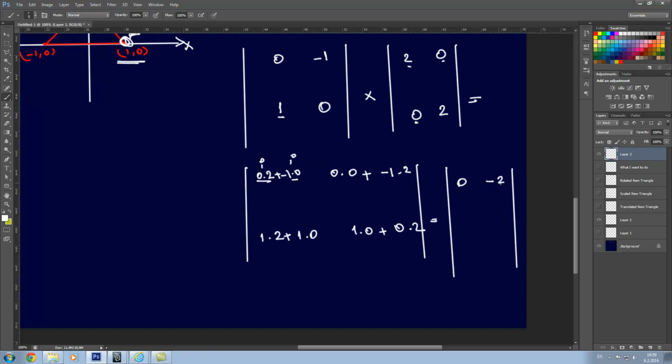Then 1 times 2 is 2 plus 0, because 1 times 0 is 0. So it's going to be 2.